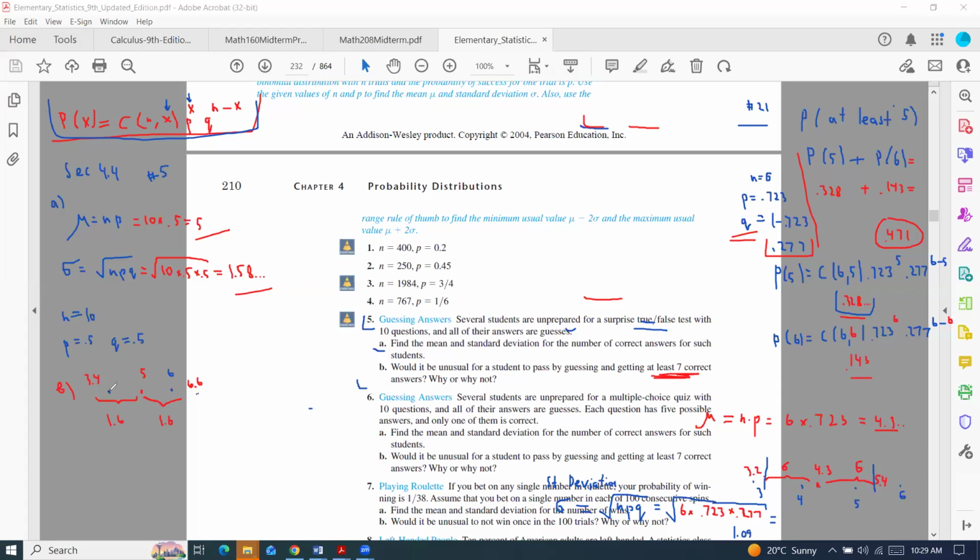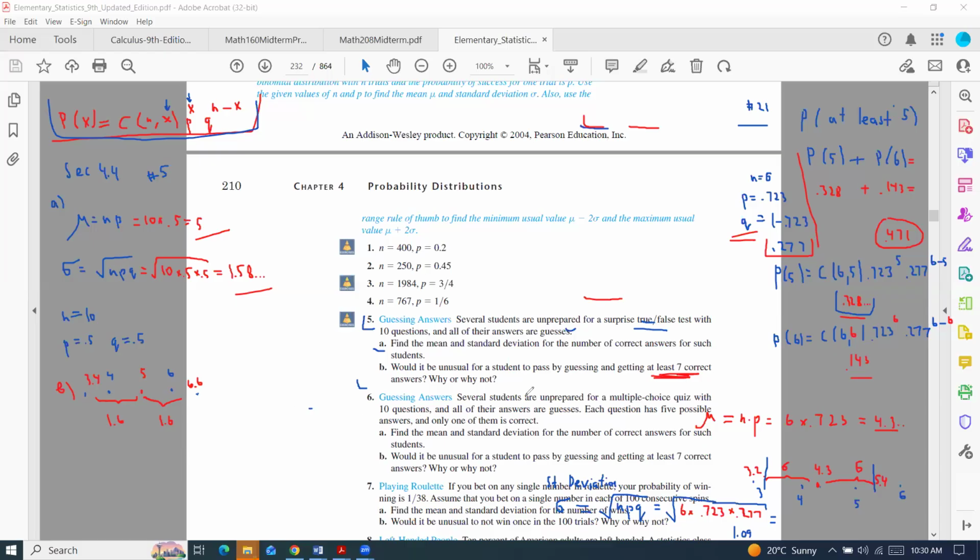So if you were doing pure guesses, then it's either 4 or 5 or 6 based on the standard deviation. And 3 is already out of range, and 7 is already out of range. So you're not expected to pass if you're doing pure guessing. That's the point. You can be lucky, you can get 6. You can be very, very lucky and get 7 and pass it, but you can also get 4, you can also get 3 with the same level of chance.